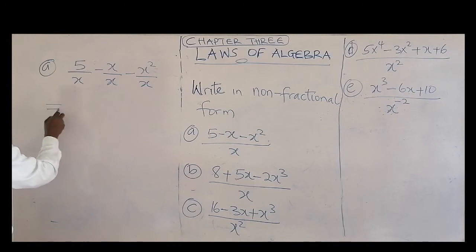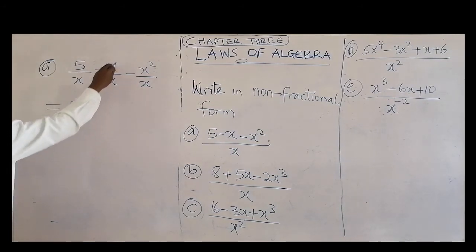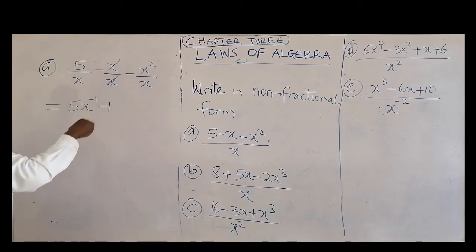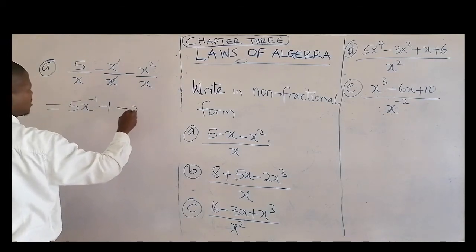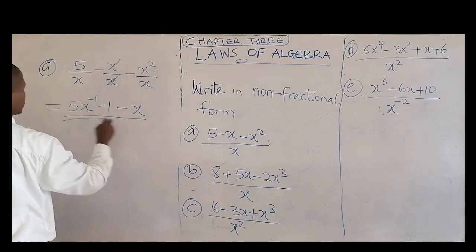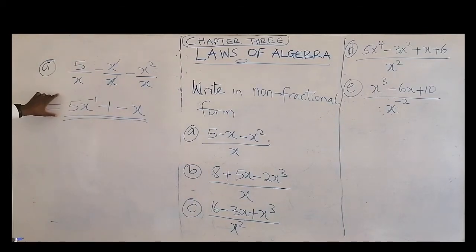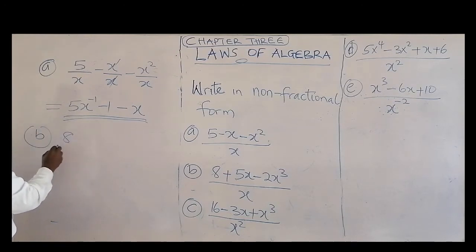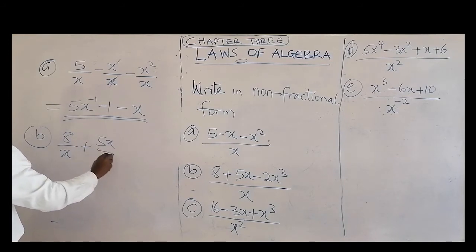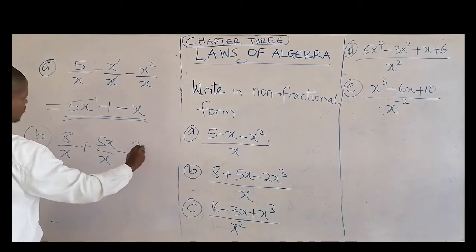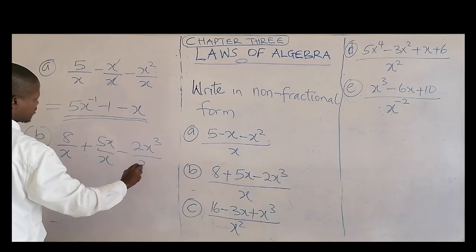So this will be equal to what? This will be equal to 5 to x minus 1. This will cancel, that will be 1, and this one will be what? Minus x. So that is the non-fractional form. For number 2, the same thing you do: this plus this minus this.